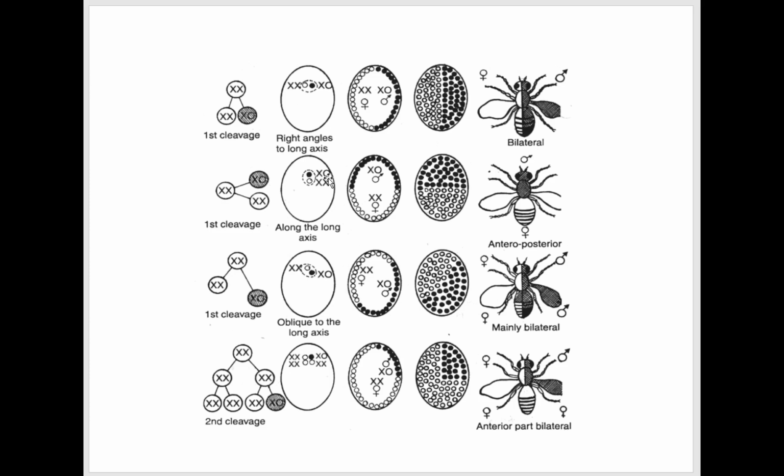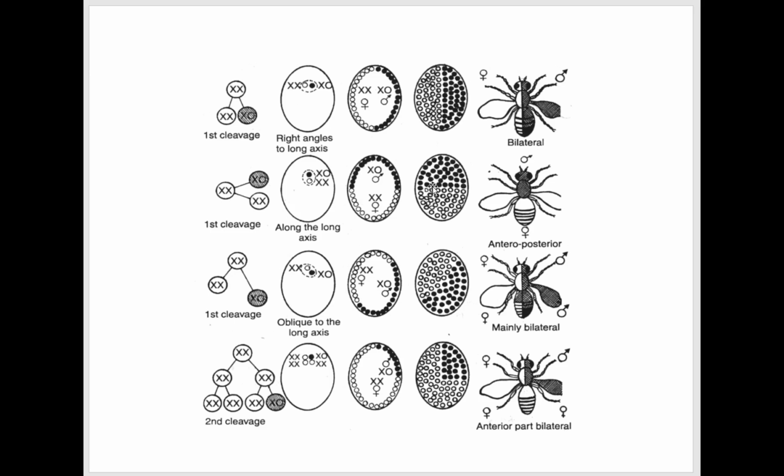So with two X chromosomes, the lower half, all these cells are produced from the cell carrying XX, and this forms femaleness, and the upper half, where each zygotic cell due to continuous cleavage has a single X chromosome, forms the maleness.